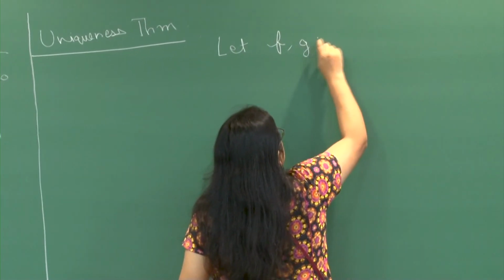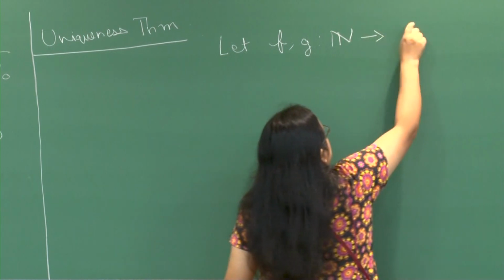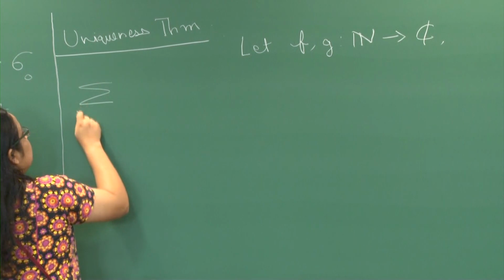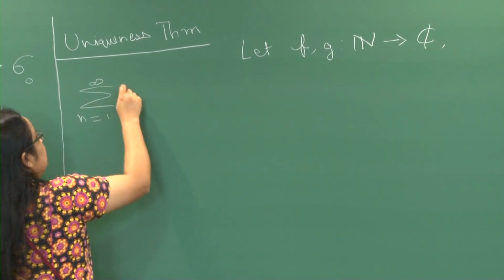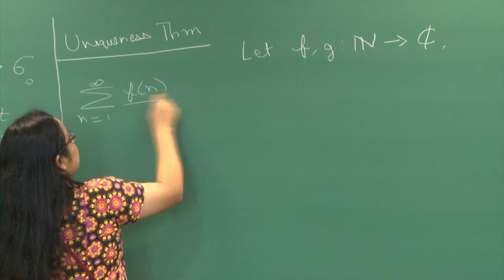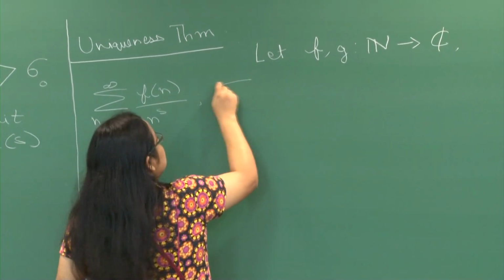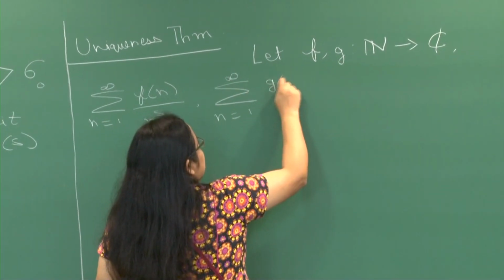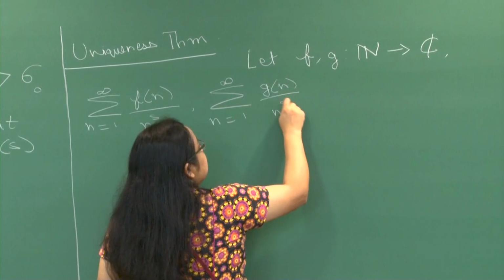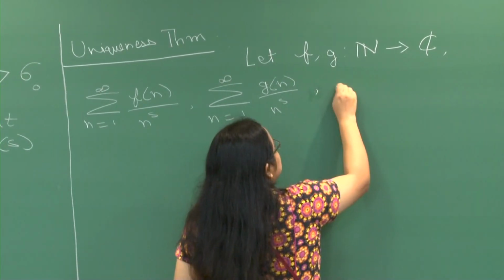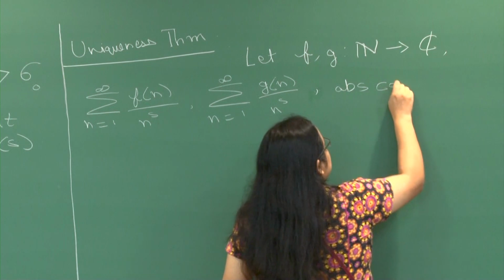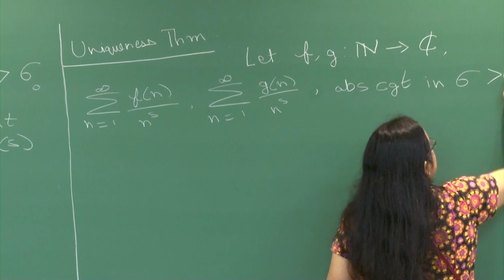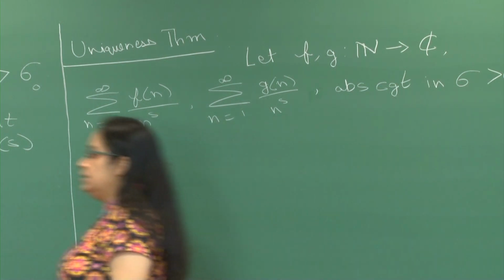two functions f and g defined on the set of natural numbers such that the summation n going from 1 to infinity of f of n over n to the s and the summation n going from 1 to infinity of g of n over n to the s are both absolutely convergent in the half plane sigma greater than sigma 0.